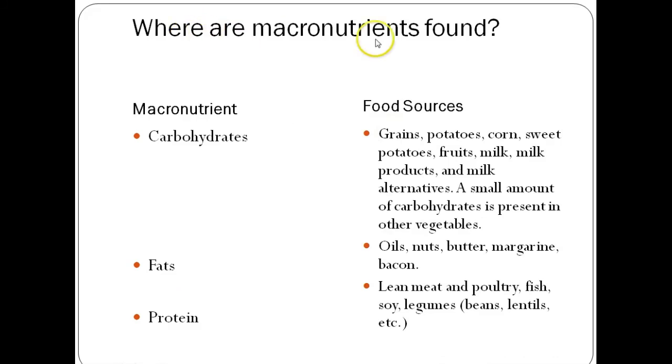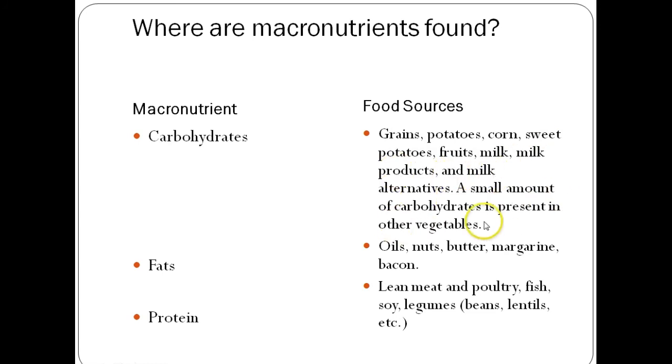Now let us see where these macronutrients are found. Food contains a mixture of these macronutrients. However, many foods contain mostly one of the four. Water is found in all foods, but the foods which contain the most water are low calorie foods like fruits and vegetables. Under carbohydrate, the food sources include grains, potato, corn, sweet potato, fruits, milk, milk products and milk alternatives.